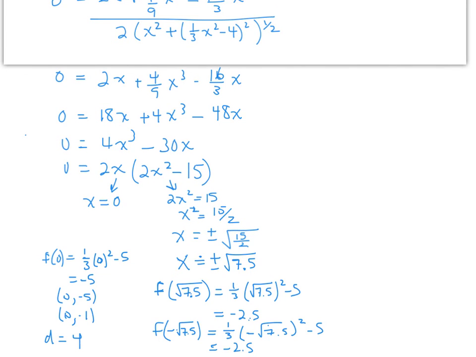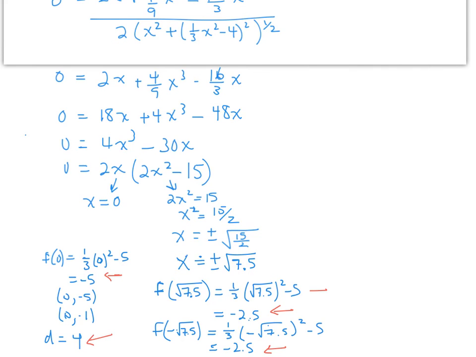All right, so what I've done here is I've calculated the value of the function at each of those critical numbers. So f at 0 is equal to -5. We've got f at the square root of 7.5 being equal to -2.5, and likewise f at negative square root of 7.5 is -2.5. Now I already calculated the distance here.